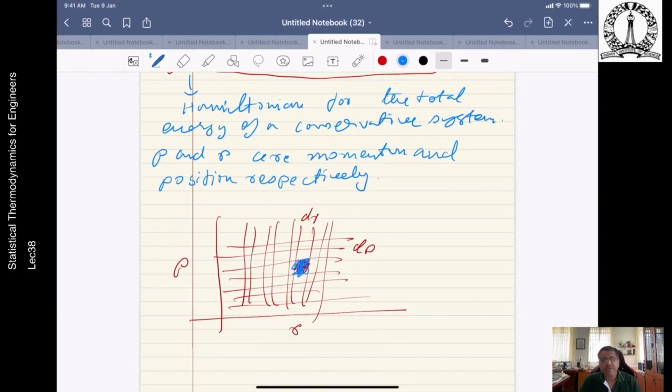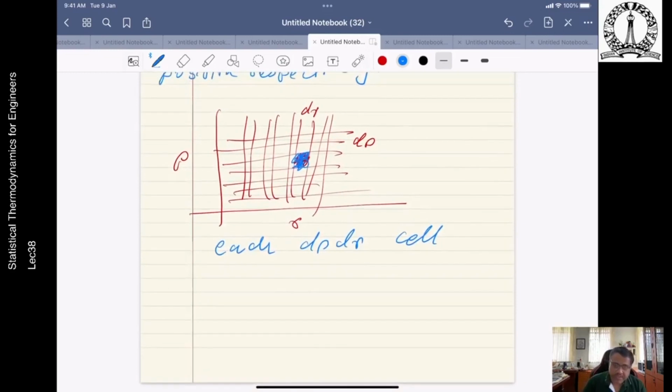So each dp dr cell represents a different continuous value of energy.